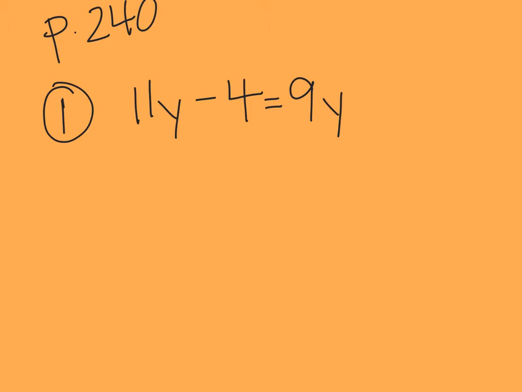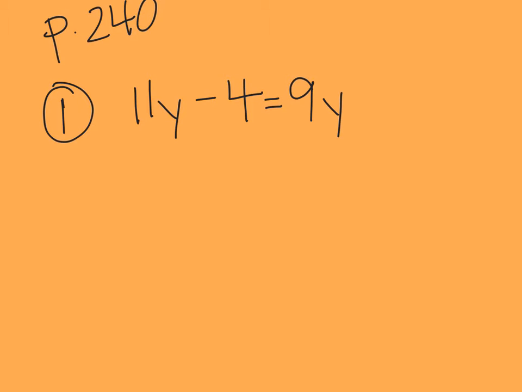Our variable in this case would be y, and what we're doing is trying to figure out what we can solve it for. So what we're going to do first is show how to get that y to be separate.